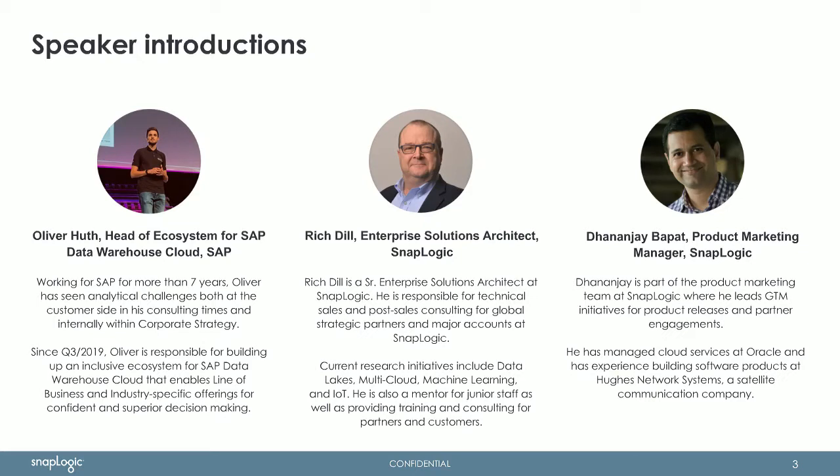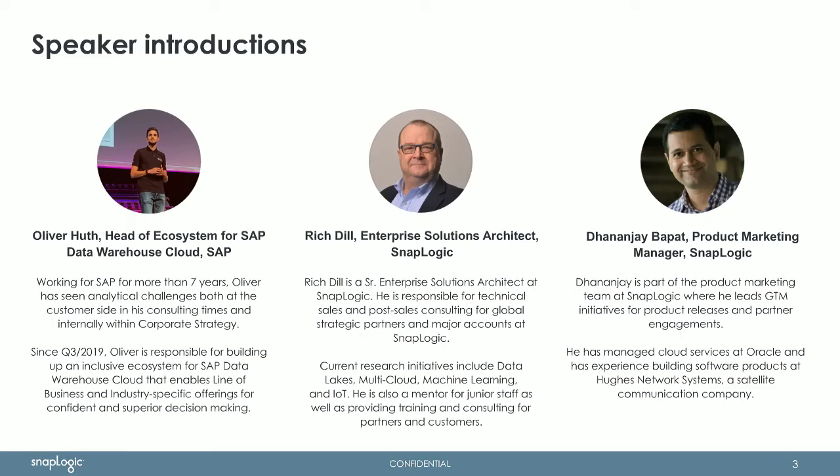So I want to briefly introduce all our speakers. The first speaker is Oliver Hutt. He is Head of Ecosystems for SAP Data Warehouse Cloud. He has been working for SAP for more than 7 years, and he has seen analytical challenges both from the customer side, from his consulting times, and also internally from the corporate strategy team.